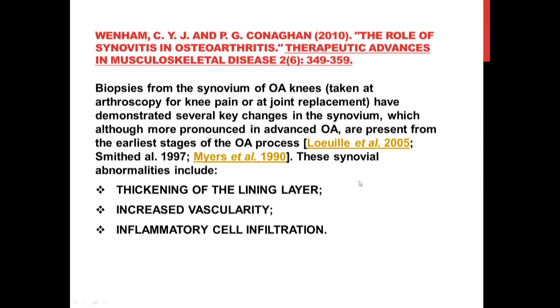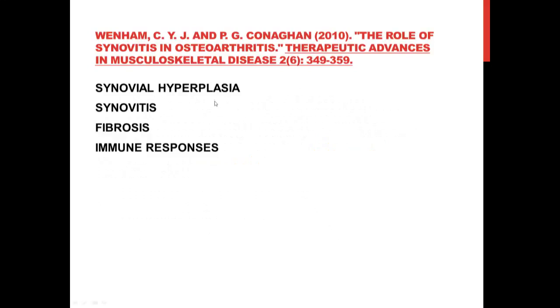When you're talking about the synovial tissue changes, you're talking about thickening of the tissue with increased vascularity, as you saw in the arthroscopy, with inflammatory cells infiltrating into that area. So here's my immune response. This is also an immune issue. And so we're dealing with thickened synovial tissue called hyperplasia. We're dealing with inflammation of the synovium called synovitis.